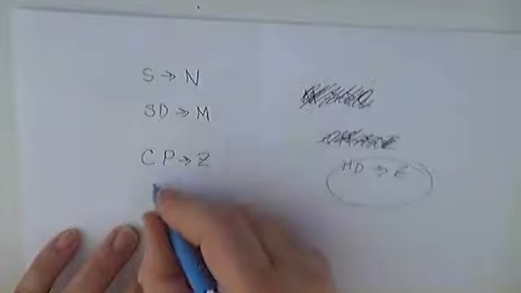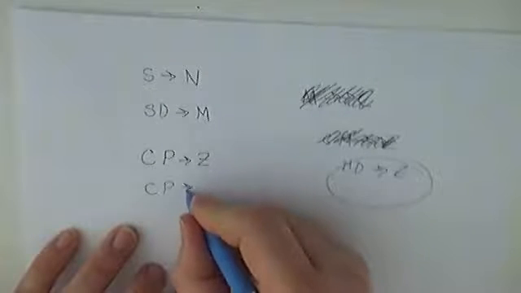Okay, I have CP goes to H. That's definitely true. You got it right there. CP determines H. Very good. So the course and then the period it's given is going to determine who the head teacher is. That's absolutely right. CP goes to H and goes to A as well.